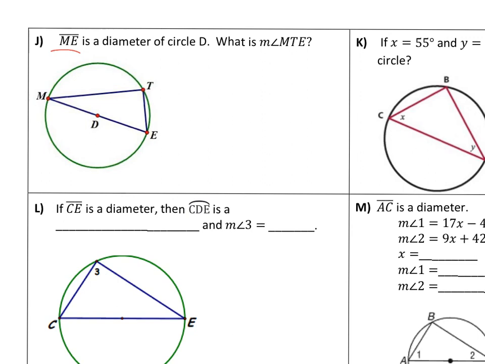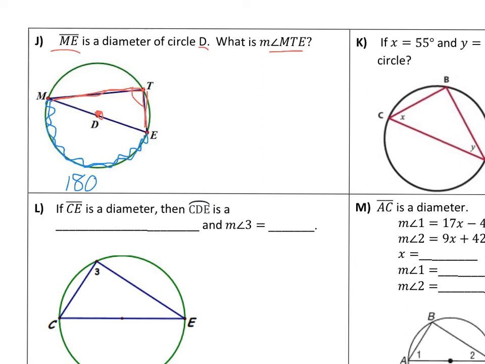So for the first example, they tell me ME is the diameter, and I know that it is because it passes through the center of circle D. And what I'm looking for is the measure of angle MTE. So here's my angle MTE. I want to figure out the measure of that. Now, once again, I know it opens up to arc ME, which is a semicircle, which measures 180 degrees.